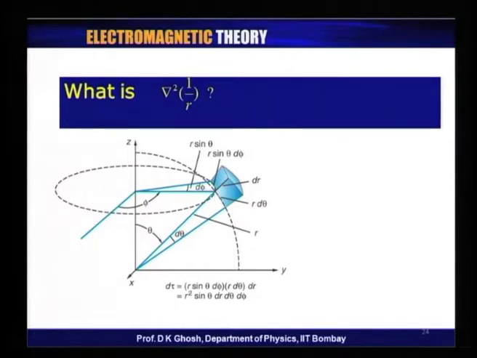Length element in the radial direction is clearly dr. Now, in the theta direction, it is r d theta, very much like what happens in a polar case. And from the picture, it becomes clear that in the azimuthal direction, a length element is given by r sin theta d phi. So, therefore, the volume element which I have written here as d tau is r square sin theta dr d theta d phi.